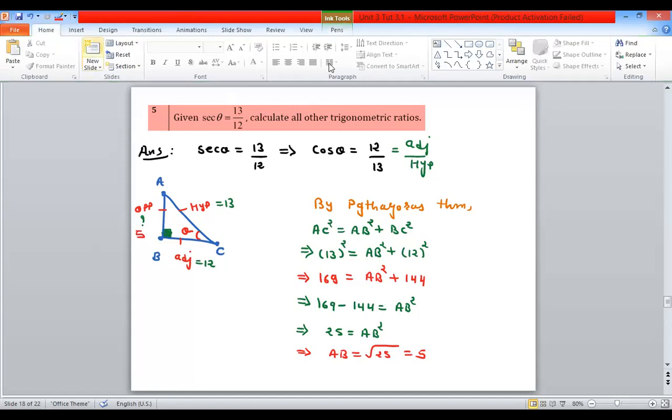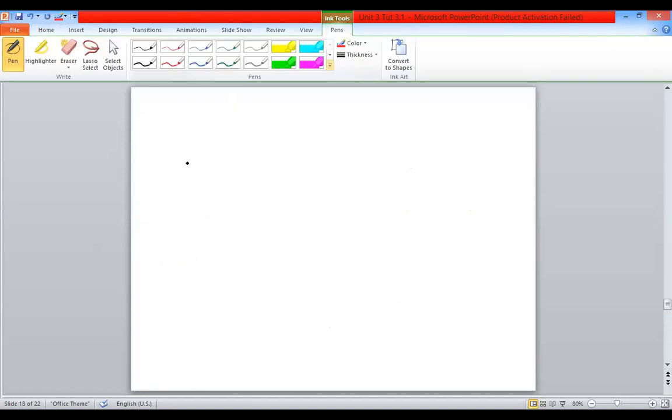So it's easy. First of all, you can draw the triangle. This is your ABC. Here is your theta. It's opposite, hypotenuse, and adjacent.